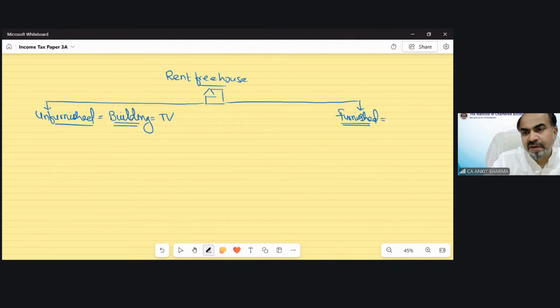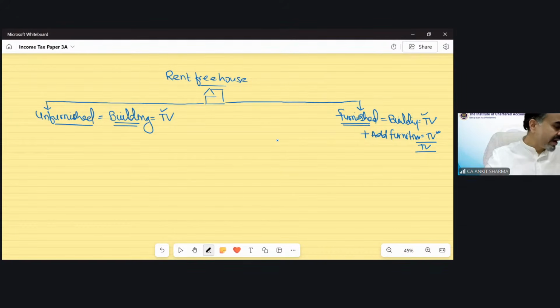In case of furnished, the building taxable value we have to find out, same as in the case of unfurnished. We just need to add the furniture taxable value. Furniture includes all home appliances, etc. So you can see in both cases, we have to find out the building taxability. One additional work in case of furniture.